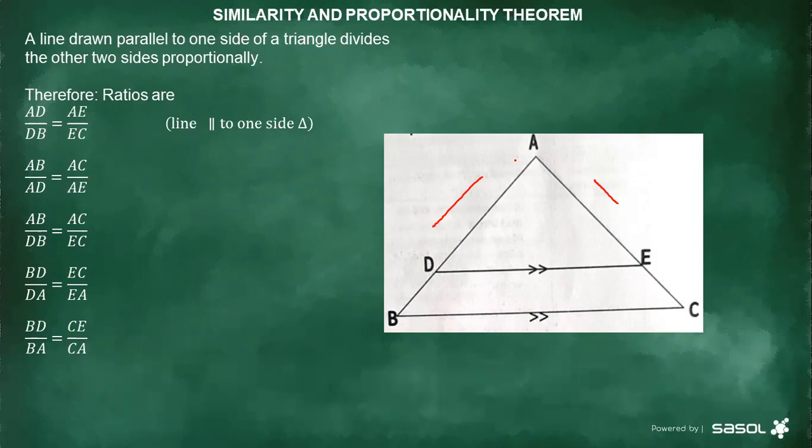Meaning the ratio of this side is equal to the ratio of the other side, but only if we have a line which is parallel to one side of that particular triangle. You can see DE is parallel to BC.